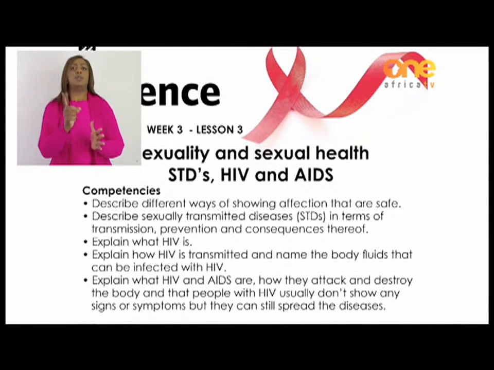The last one says to explain what HIV and AIDS are, how they attack and destroy the body, and that people with HIV usually don't show any sign or symptom, but they can still spread the disease.